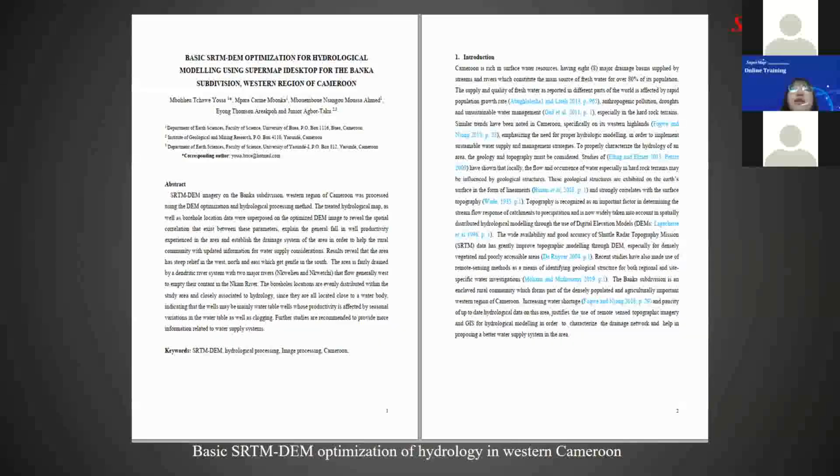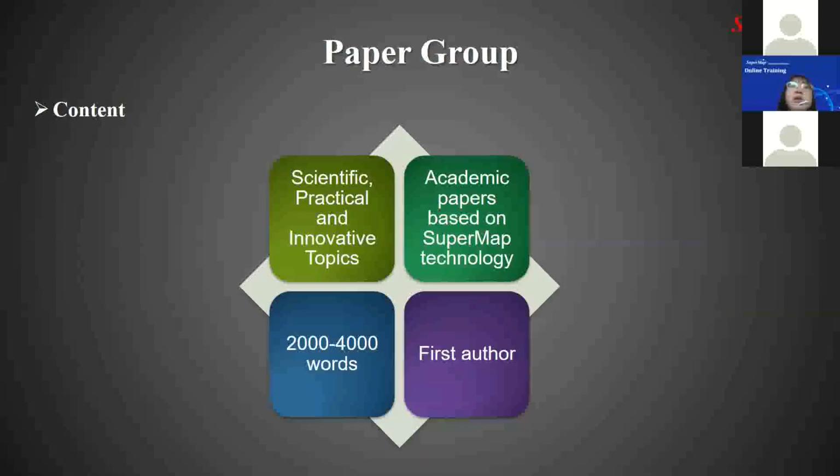Here is a reference work from Cameroon. It shows hydrologic modeling using SuperMap iDesktop for the Banca subdivision, and you could follow this if you want, or we could share it with you.